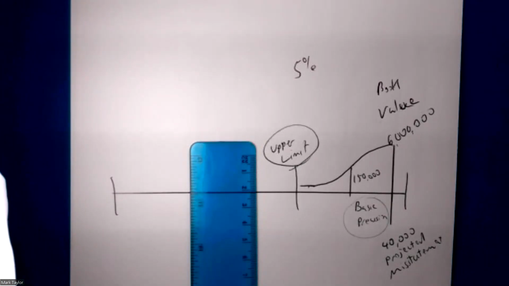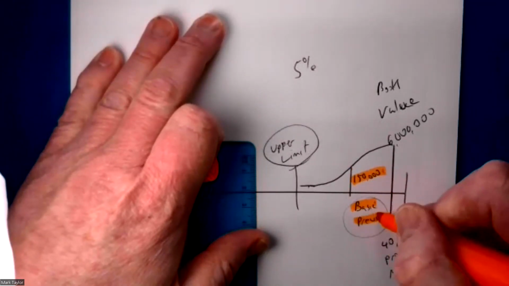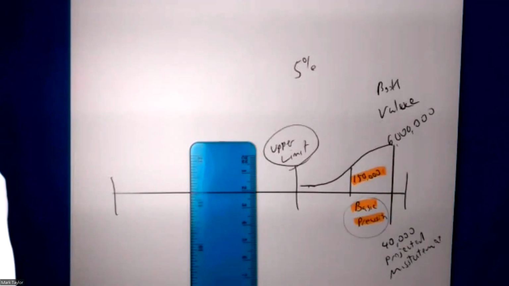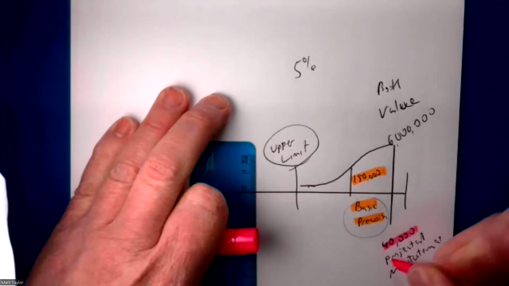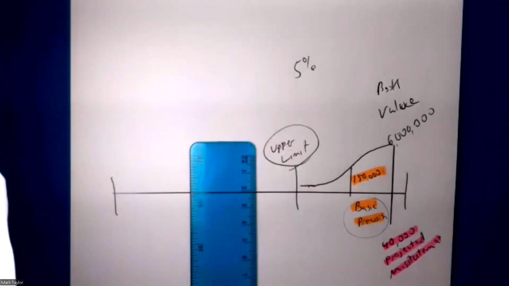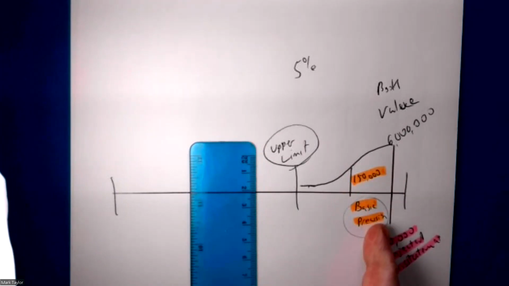Anyway, we'll color coordinate those. Make that orange. We'll make the projected misstatement pink. Okay, so we're saying that our best estimate is this is up by 40,000. It's an overstatement of 40,000.